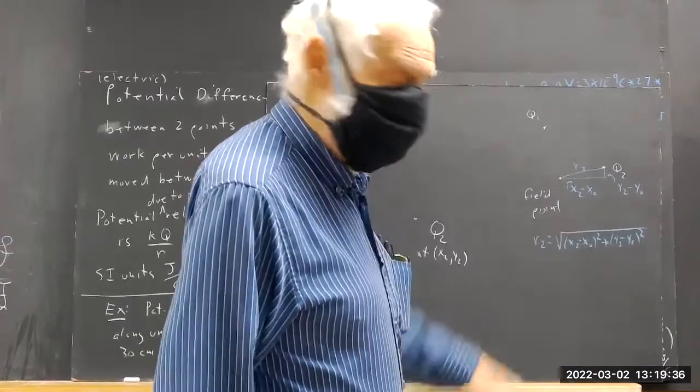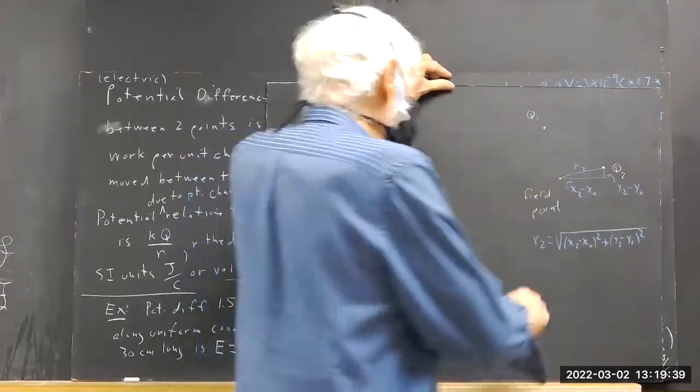And of course, R1 would be the square root of x1 minus x naught squared plus y1 minus y naught squared, and you can have that for 2.